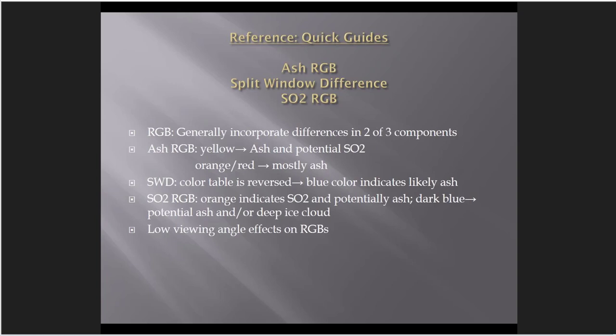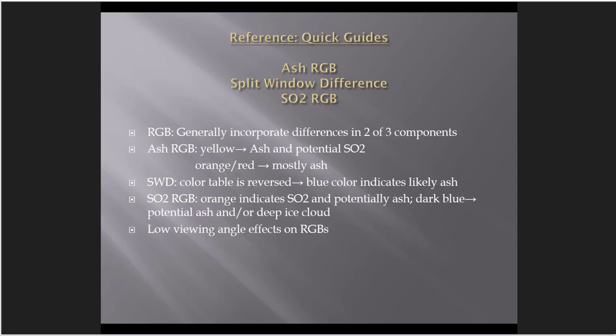The SO2 RGB, orange indicates likely SO2 and potentially ash. A dark blue color in the SO2 RGB is potential ash and/or deep ice cloud. There are low viewing angle effects on these RGBs, which we're seeing a lot of.